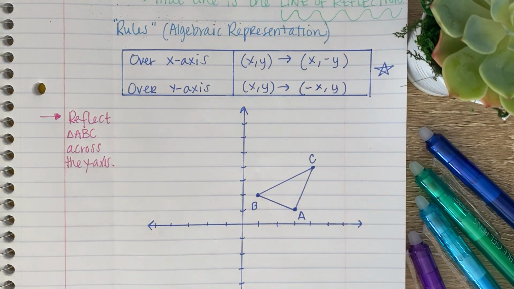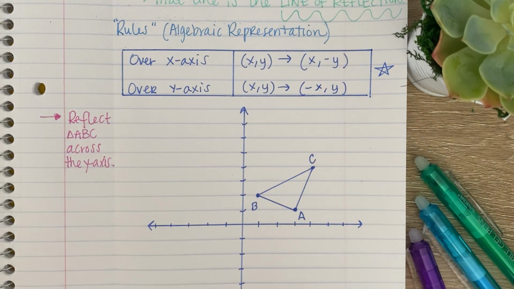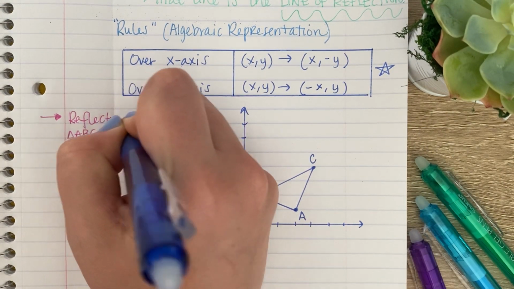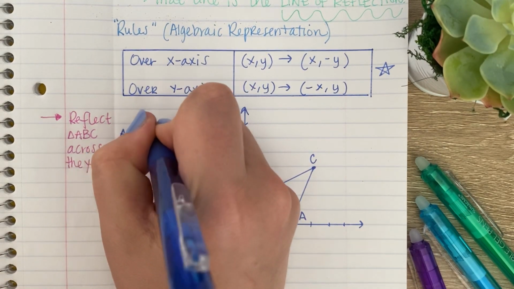Okay, so here we have triangle ABC, and we're going to reflect triangle ABC across the y-axis. So what I should probably have done is given you the points of ABC. So I'm gonna go ahead and do that real quick. So point A is at (3, 1).